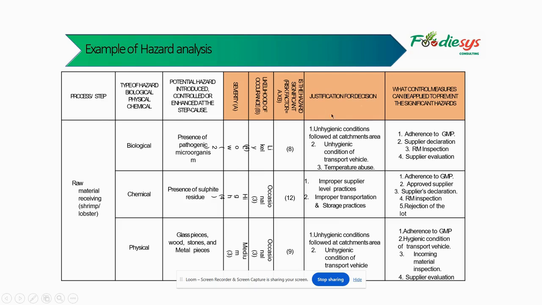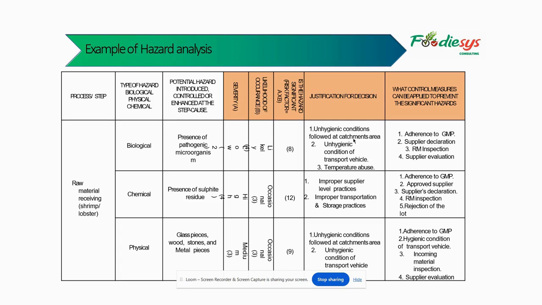Then we can find out the critical control point. For each and every step, we need to raise a set of questions. This is called the CCP decision tree. In HACCP implementation alone, if you are going to implement only the HACCP system, we can adopt this method to find CCP.